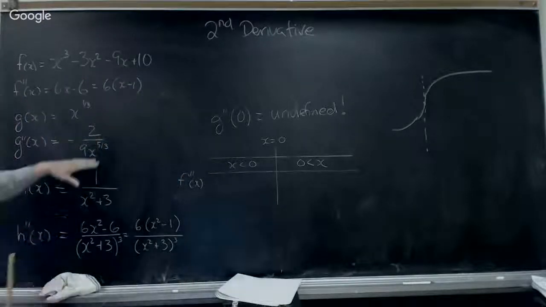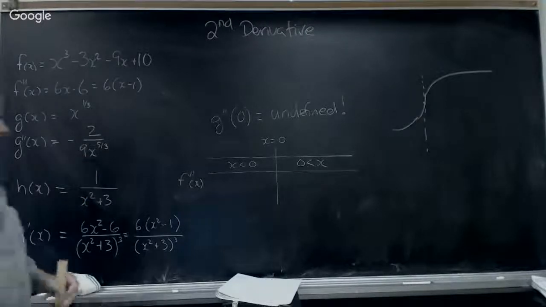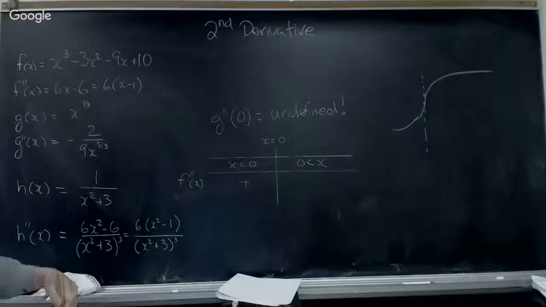All right, if x is less than 0, like -1, -1 to the exponent 5 is -1, and the cube root of -1 is -1, times -2/9 is positive. And so in this region, when x is less than 0, the second derivative is positive.